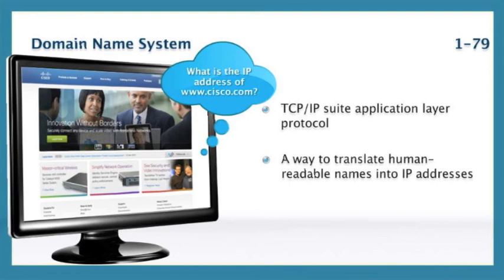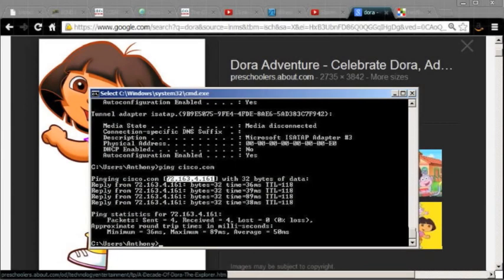We could if we knew that IP address, right? In fact, watch this. I just pinged cisco.com. Okay, ping cisco.com, and I got the IP address of Cisco, one of their many IP addresses for the hosting of their site.